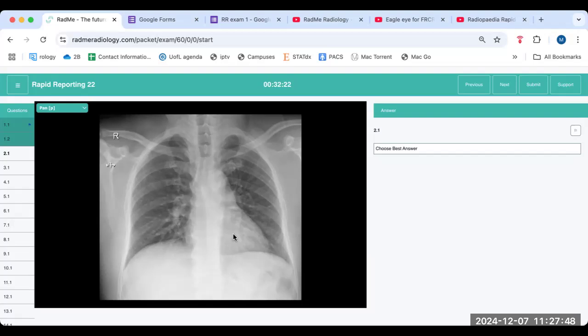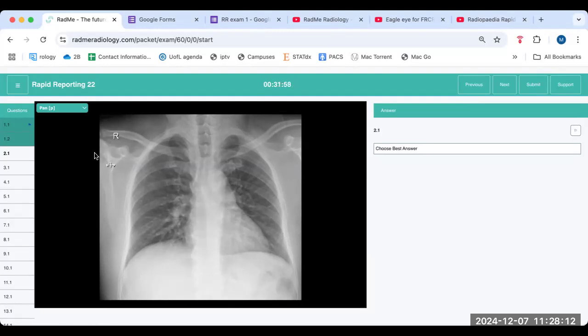Do whatever you want. But for me, if there is no obvious abnormality, I will start by the bones. I will start by the bones if there is no obvious mass or opacity or free air or something like that. So I will start by the bones, checking from the side of the image again if the acromioclavicular joint is included in the field of view. I will check it.